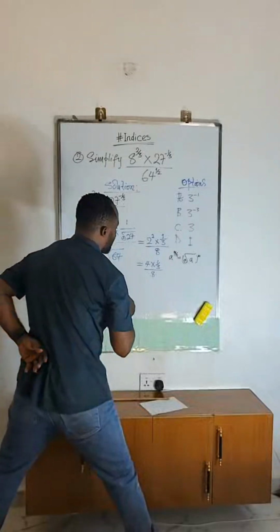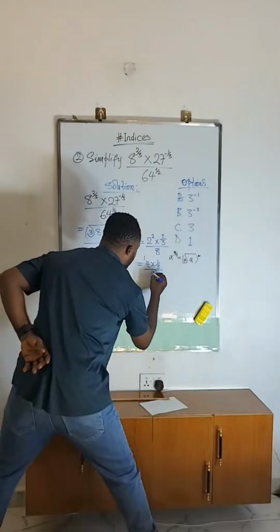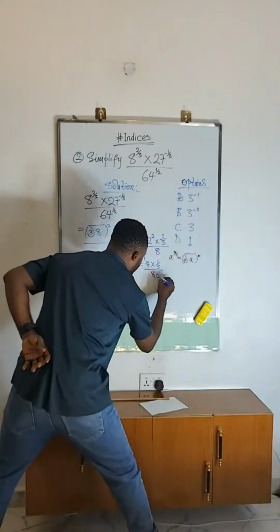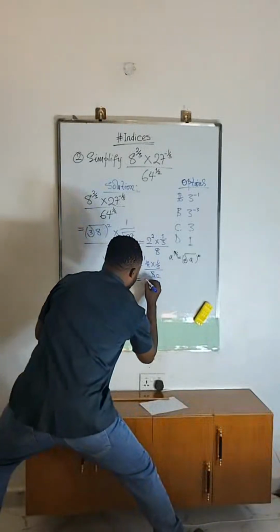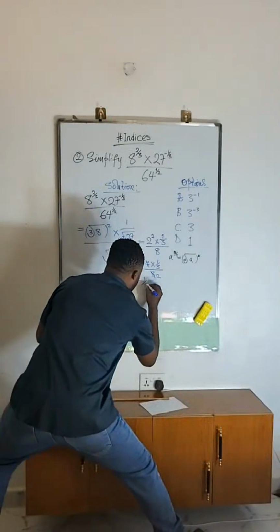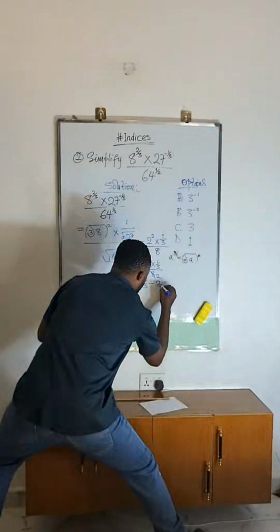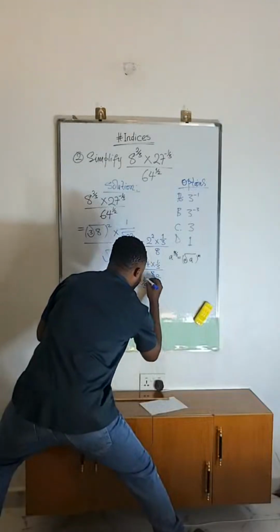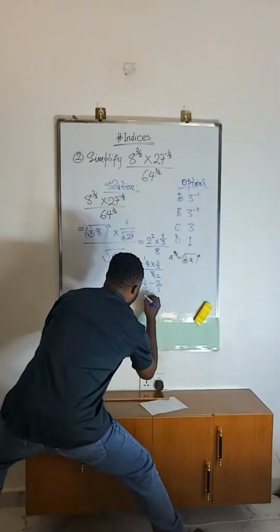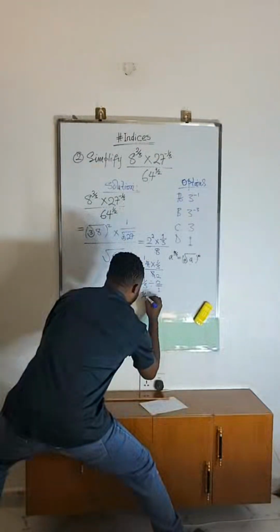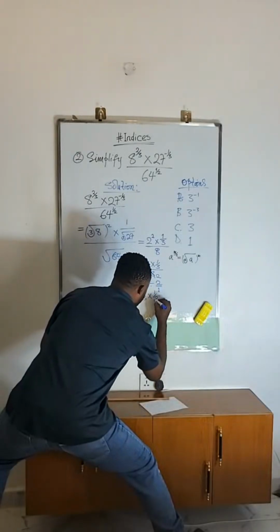Then what happened here? You can see 4 cancelling itself into 8 two times. So you will now be left to work with 1 over 3 divided by 2 over 1. In the next step, you have 1 over 3 multiplied by 1 over 2.